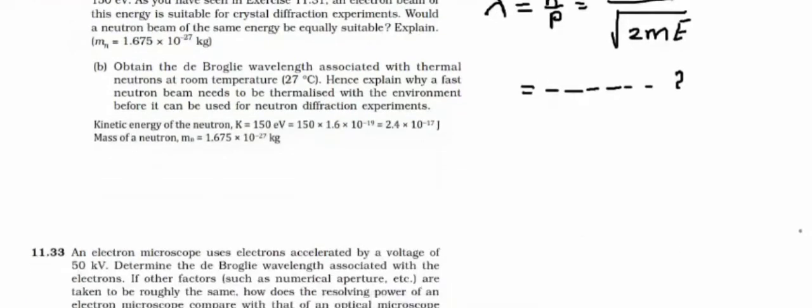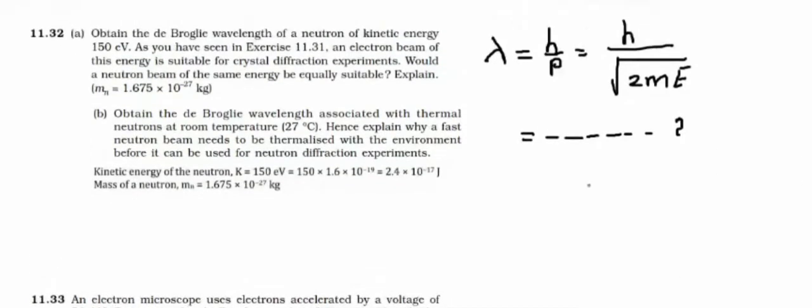Here, when you substitute the energy and calculate the wavelength, you will get a wavelength in the order of 10 power minus 12, just the order.